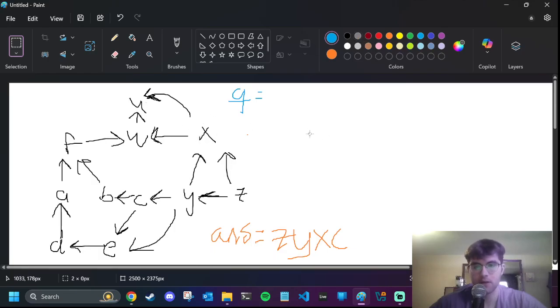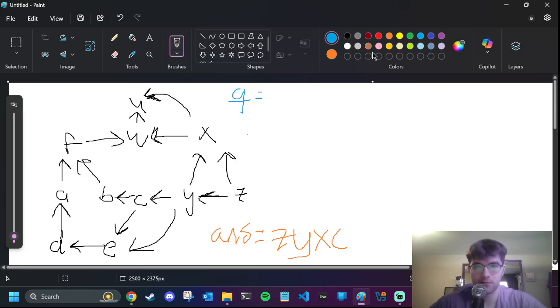We popped X. E, I just removed. So C was correct because it has no prerequisites. B has no prerequisites, or I guess I should say all of its prerequisites are met, so we'll add B. And E, all of its prerequisites are met now because C has also been added to the result.